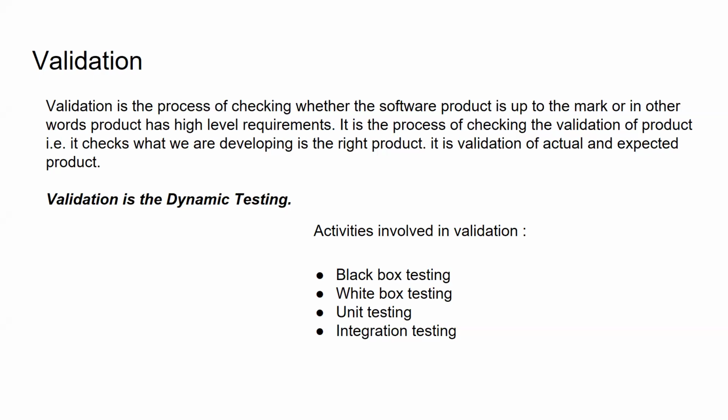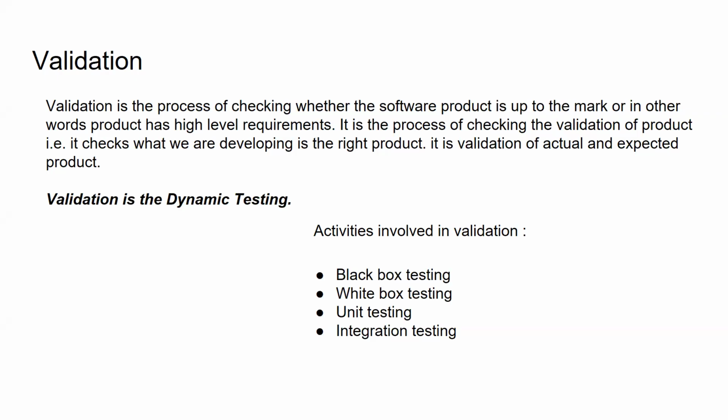Because at the end of the day, let's say we followed all the standards and built the product right, but if the product that we have built is not what the customer expected, that's not useful, right? We have followed all the guidelines, all the relevant certification and everything.